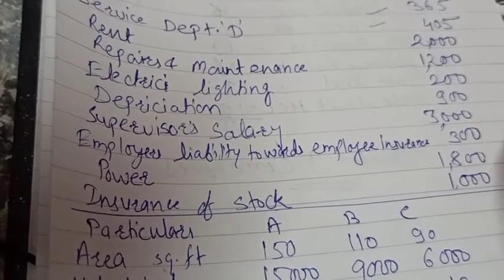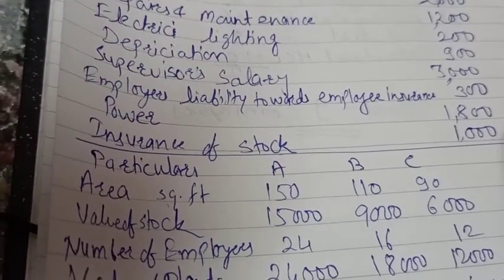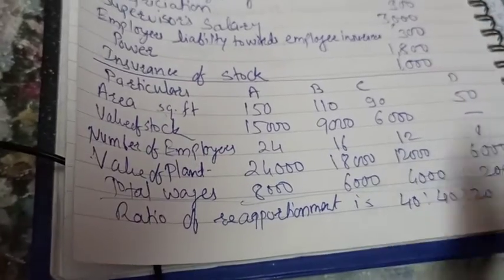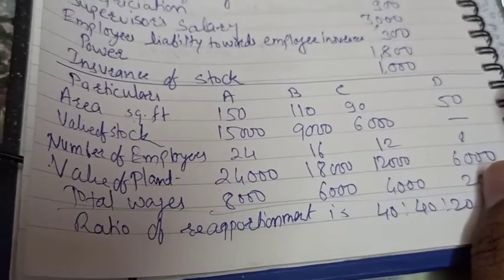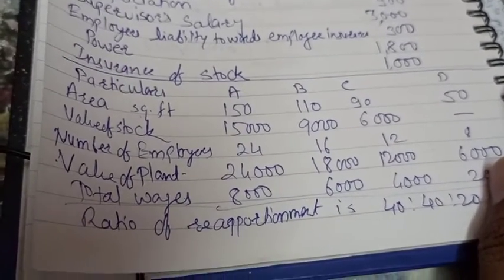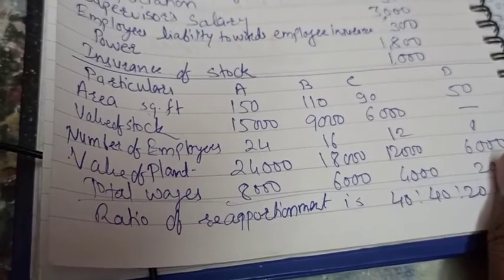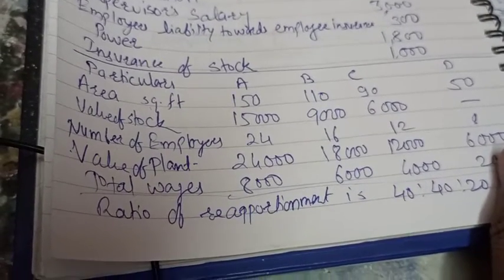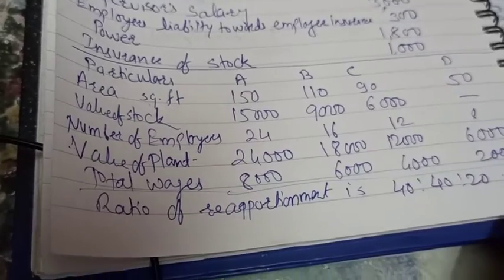Next is power and insurance of stock, and the bases which are available in this illustration, that is area, then value of stock, then number of employees, value of plant and total wages.